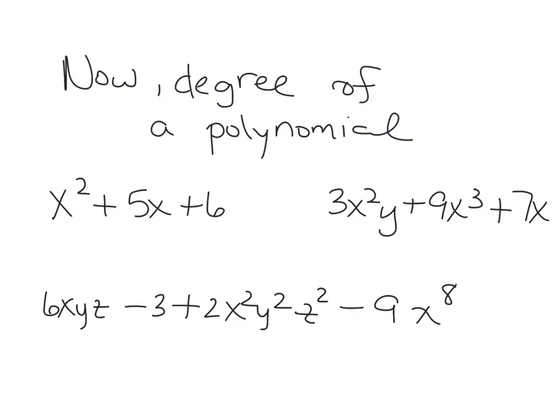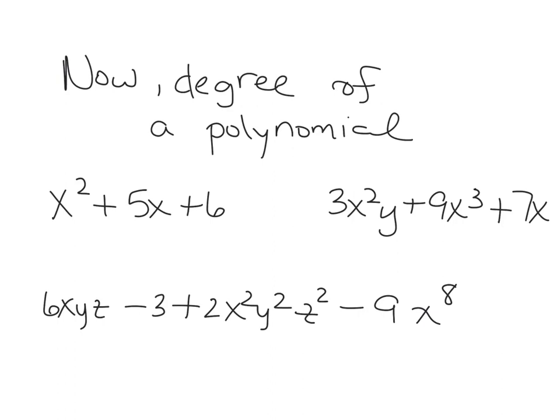All right, so now we can find the degree of a polynomial. If I asked you right now to name these polynomials, I would hope you would say that the first polynomial, x squared plus 5x plus 6, has 3 terms, so it's a trinomial. The second polynomial, 3x squared y plus 9x cubed plus 7x, 3 terms, is a trinomial.